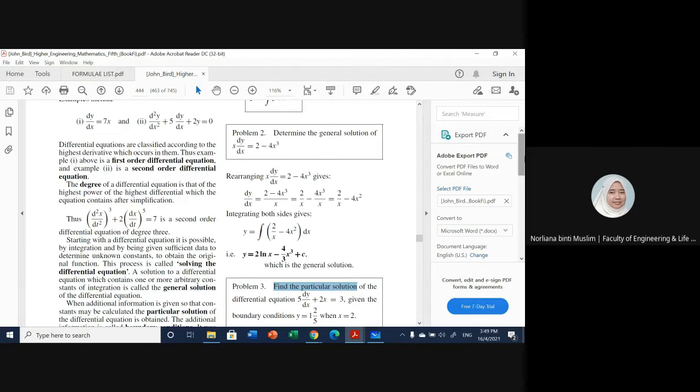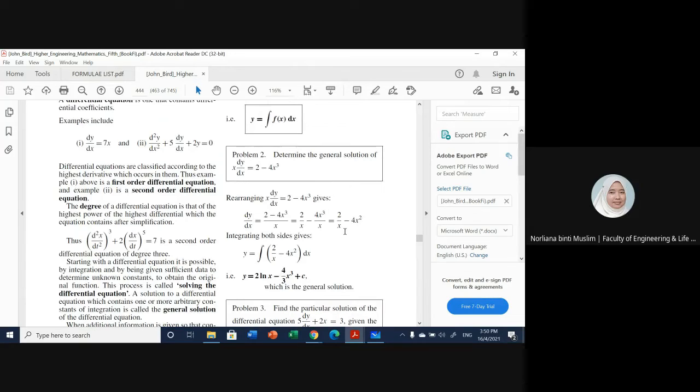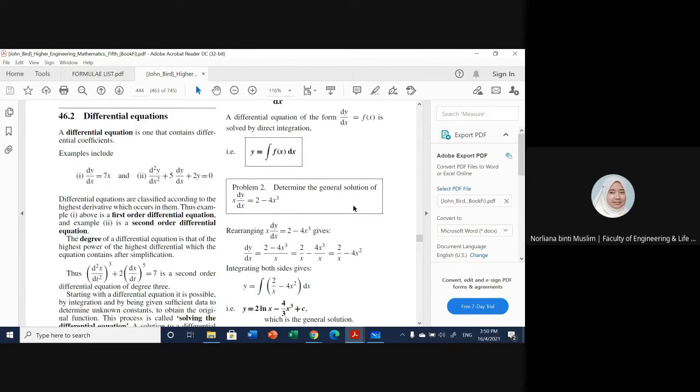If the question is not direct like in problem 2 or 3 and only mentions the solution generally, but the initial value is given, that means it is asking for the particular solution. Now there are different types of the general solution, so we'll start with the general solution.